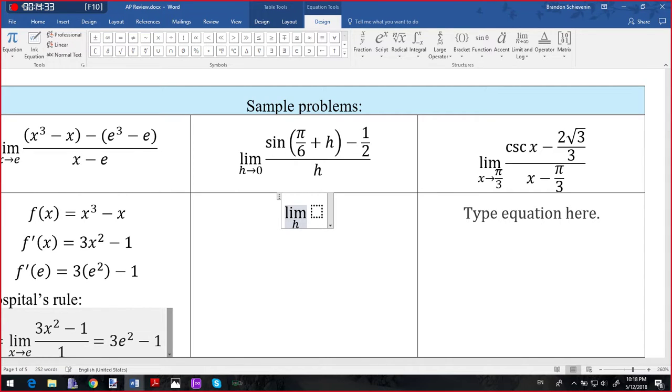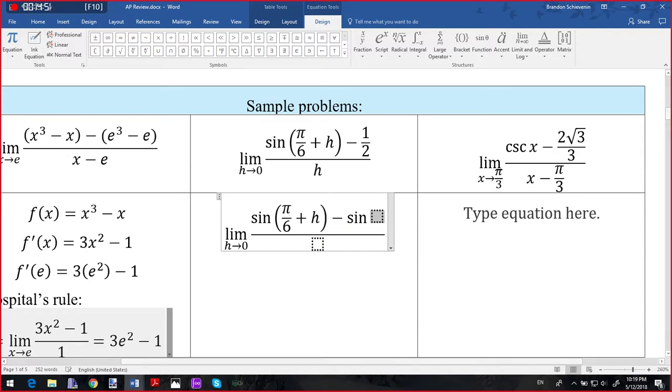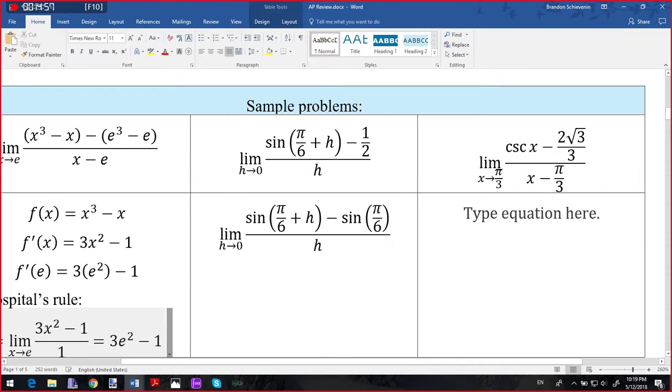What's the sine at pi over 6? 1/2. Perfect. Okay, so I can rewrite this as the sine of pi over 6 plus h, minus the sine of pi over 6, over h. Okay, so now that we're in the formal definition of a derivative, what's my function, and then what's the derivative?